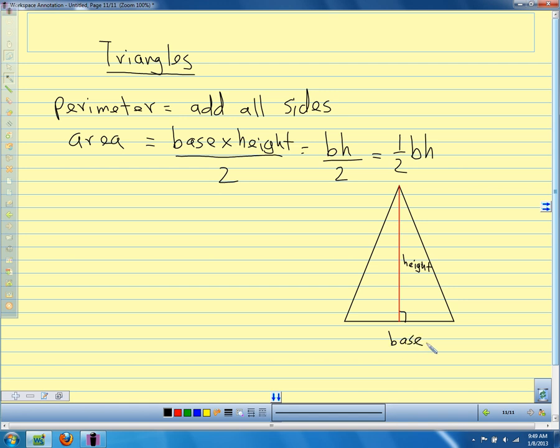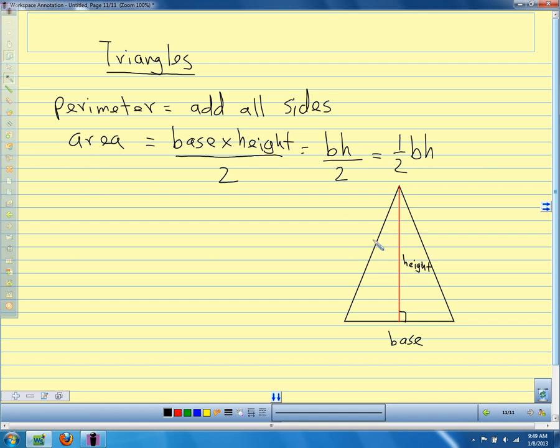Any side of the triangle can be the base. It doesn't have to be the one that's down at the bottom of our picture. Our height just has to make a 90-degree angle with the base and go to the opposite vertex. Another word that we use for height, for triangles and trapezoids, is altitude. So height and altitude, we usually use them to mean the same thing.